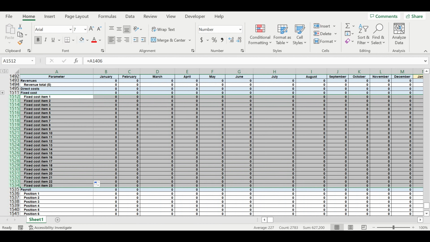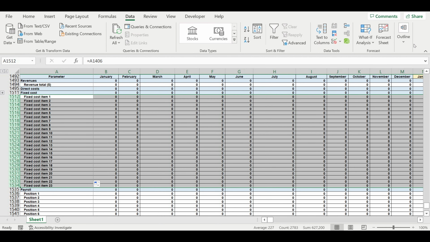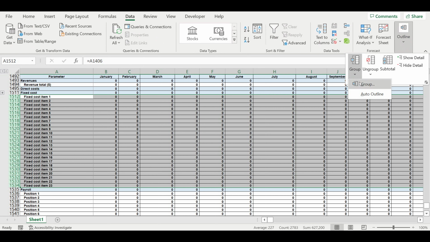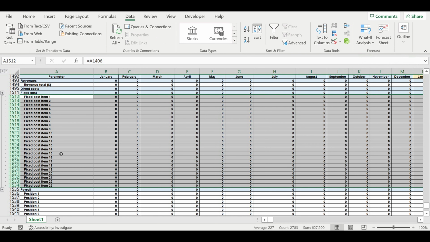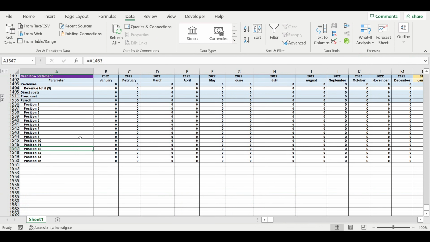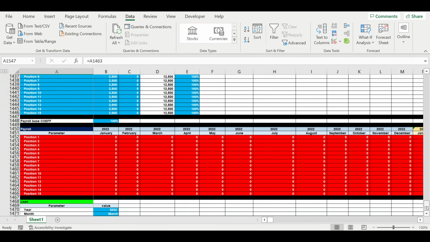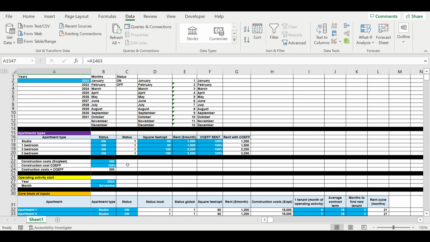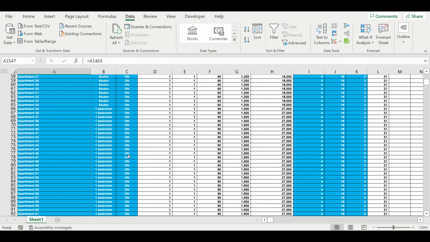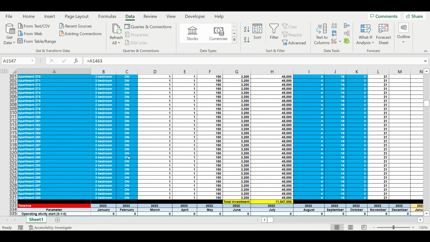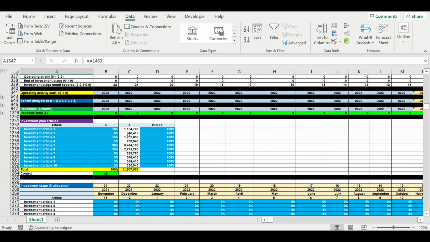We will group this also. So let's walk through the model. Here is the revenue generating algorithm.